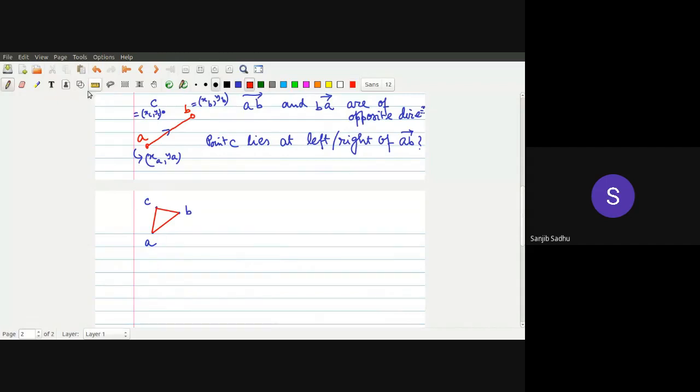Now, what is the area of the triangle ABC? It is half of the determinant, considering it in this way, ABC: AX, AY, 1. You know this.